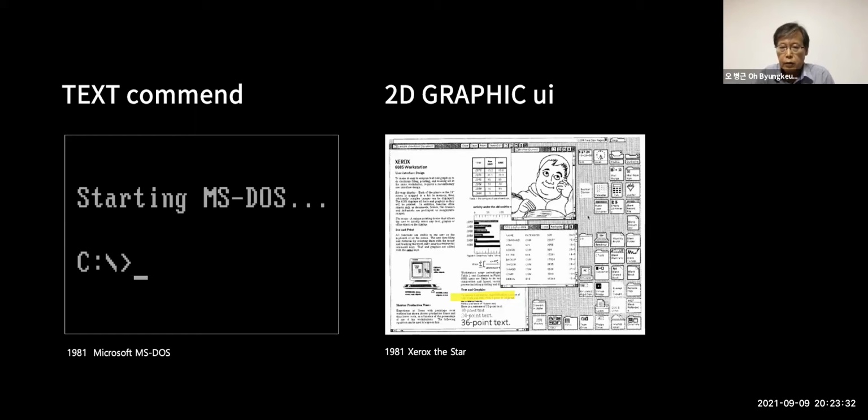In 1981, the first interface using text was MS-DOS. And the Xerox Star 8010 desktop computer used the first 2D-based graphical user interface.